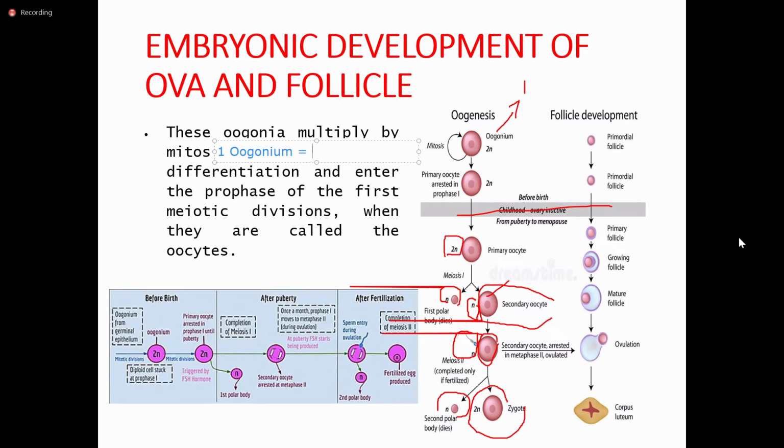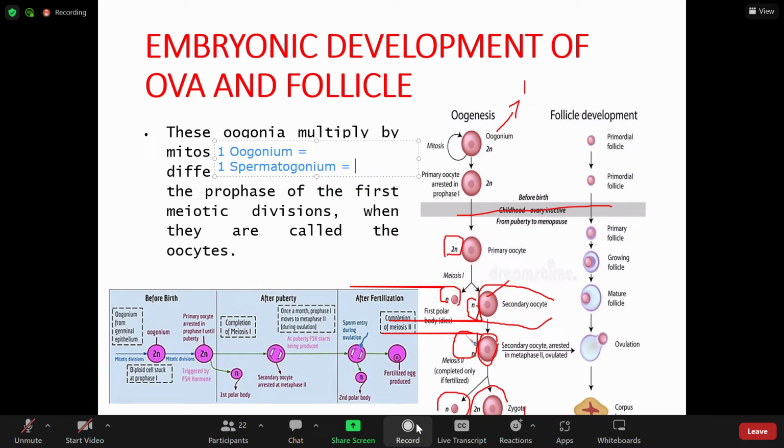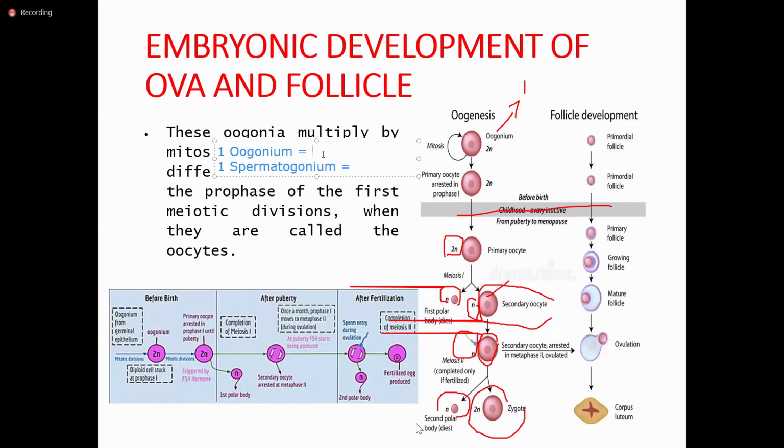Nakikita ninyo ang tinatype ko? Yes, Doc. One oogonium will lead to one ovum, whereas one spermatogonium will lead into four sperm cells. Lagi ninyong tatandaan yan.